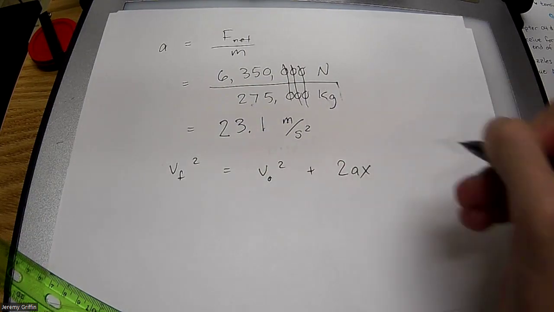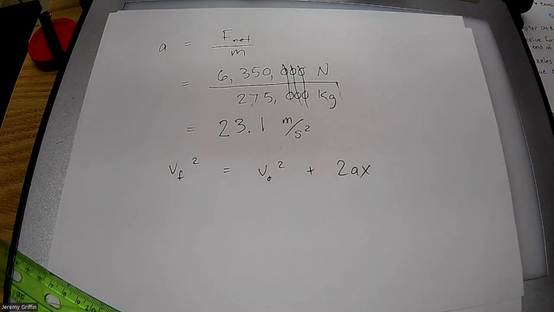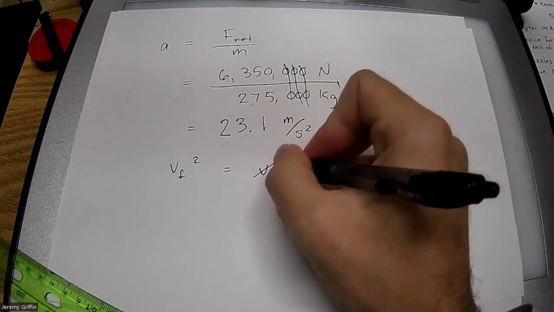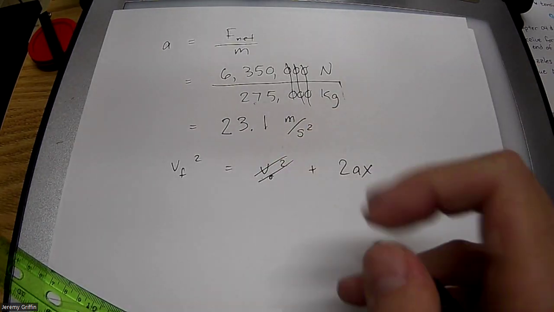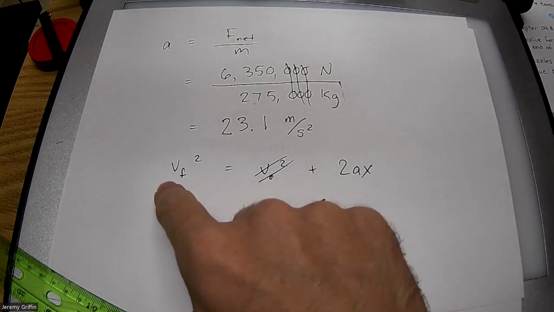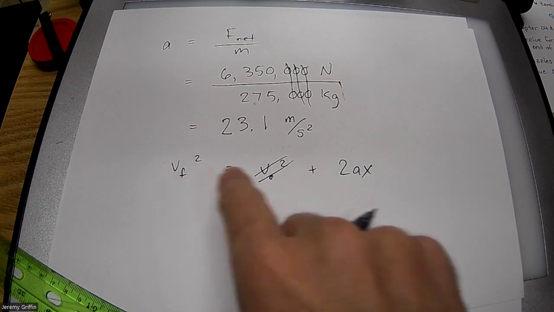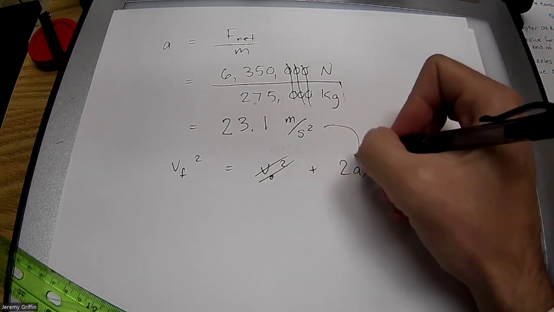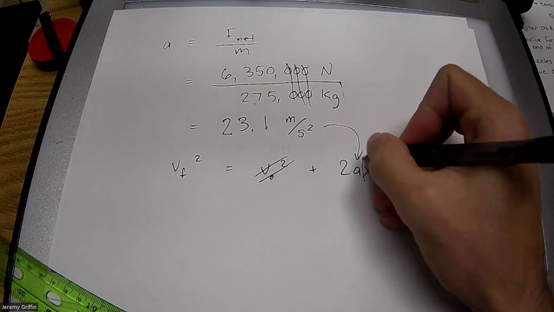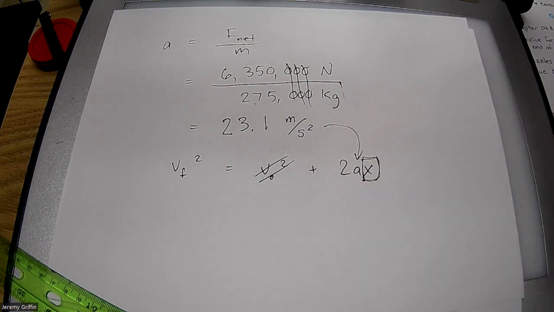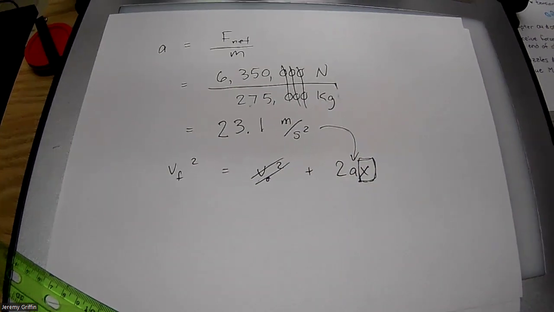You guys remember that one? Oh, yeah, I mean, you got the poster hanging over there. Right. If it starts from rest, that term's gone. All right. Now we know the minimum takeoff speed. That's going to feed in right there. We know the acceleration. Just found that. And the question is, what's the minimum runway distance to make sure the plane's going to take off?